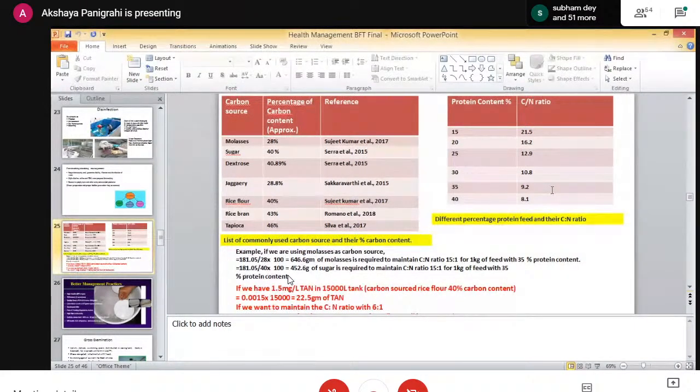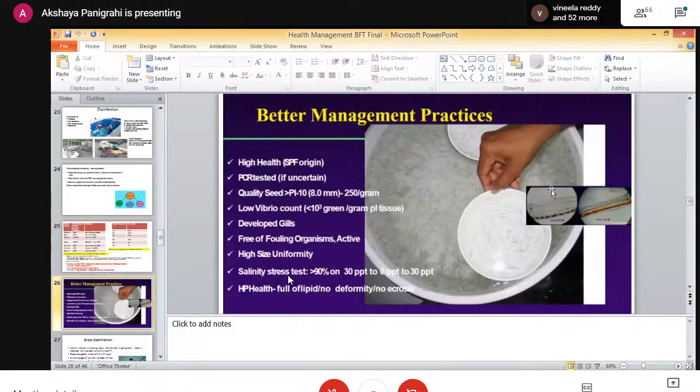But if the protein in your feed is higher, then the C:N ratio you are getting from the feed is lower, so you have to add more carbon. So it is always useful if you are using a feed with less protein.